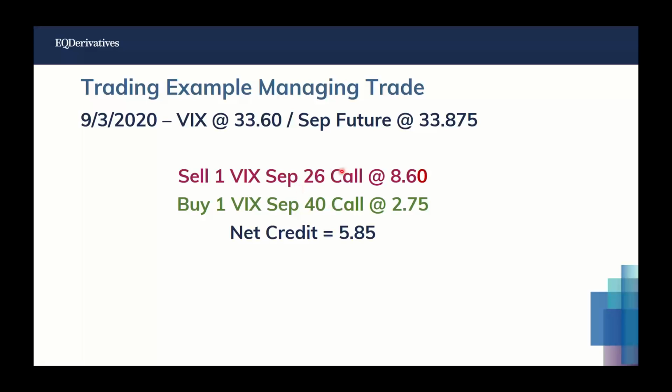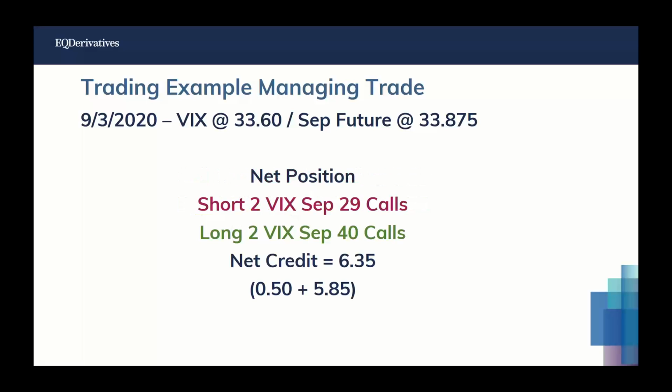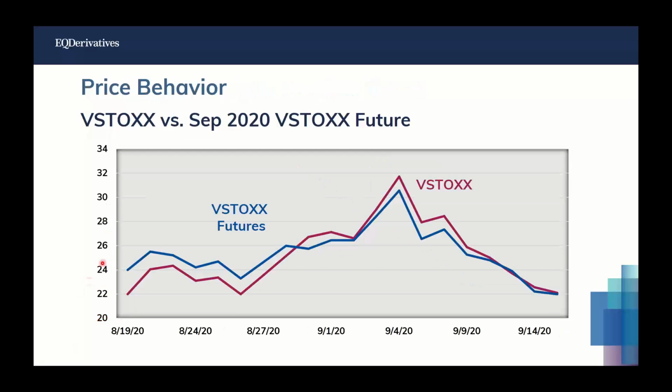And the managing trade turns that broken wing butterfly into basically two bear call spreads. And when the market spiked up, it gave you the opportunity to do that. So hopefully, Henning, that clears that one up a little bit.